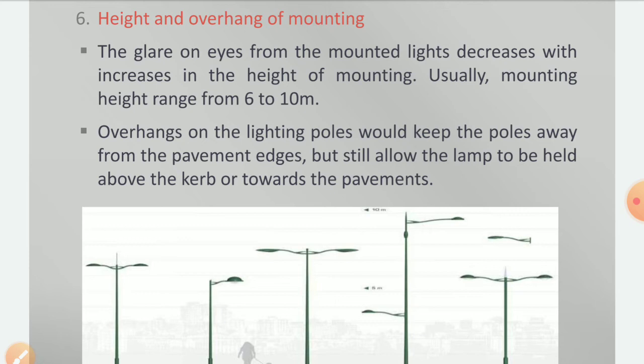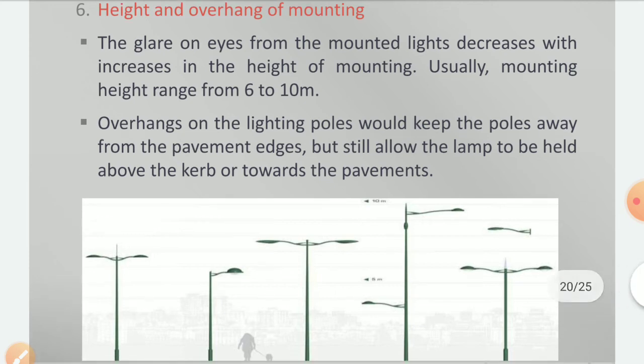Then, the glare on the eyes from the mounted lights decreases with the increase in height. If you increase the height of the lighting pole, the glare can be reduced. Usually the mounting heights range from 6 to 10 meters from the pavement, where the street light lamps are hung.